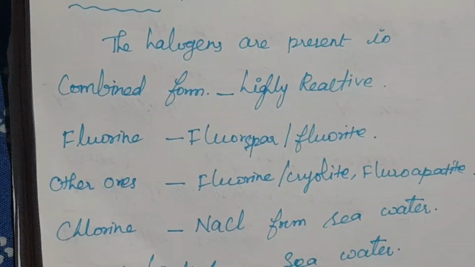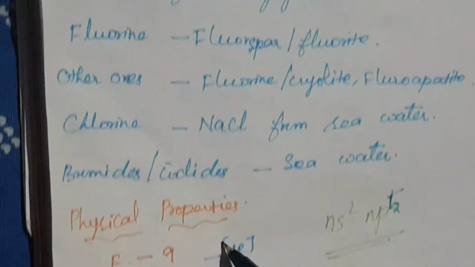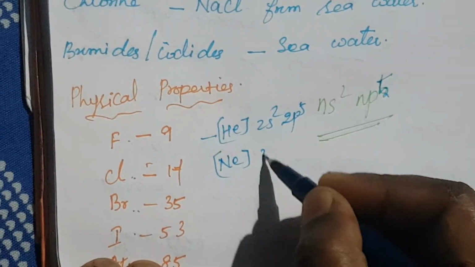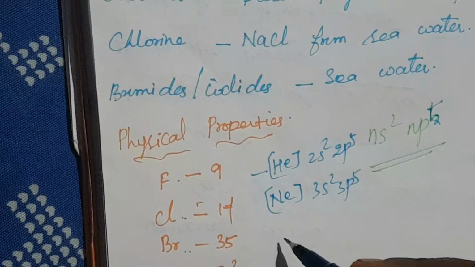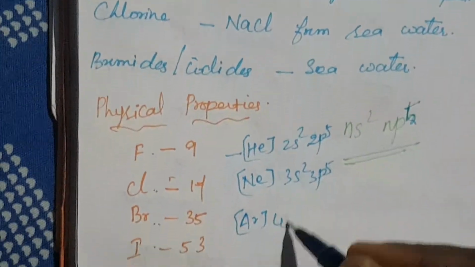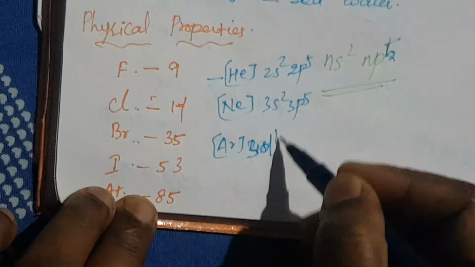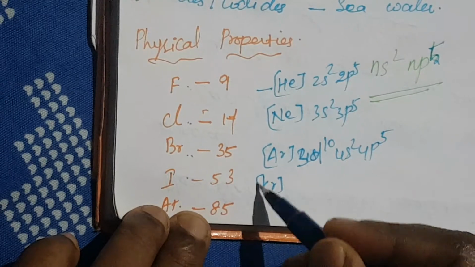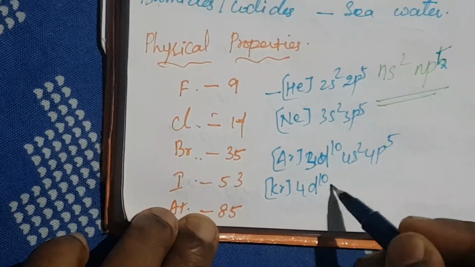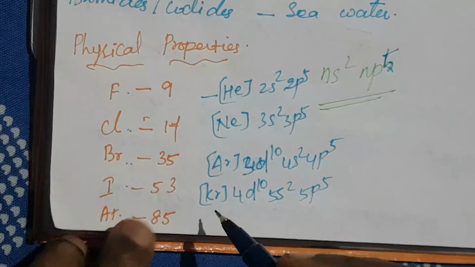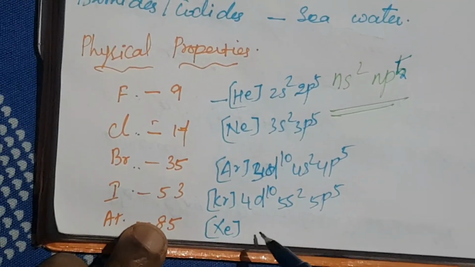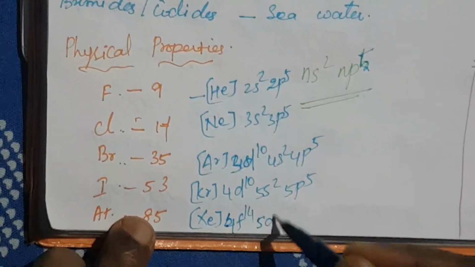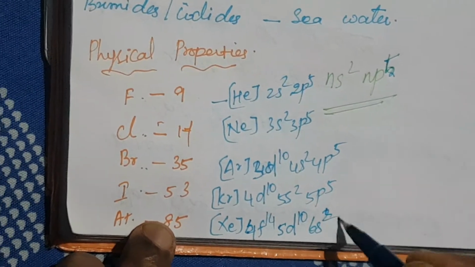How to write this? Helium 2s2 2p5, then helium neon 3s2 3p5, then argon 3d10 4s2 4p5, then krypton 4d10 5s2 5p5, then xenon 4f14 5d10 6s2 6p5.